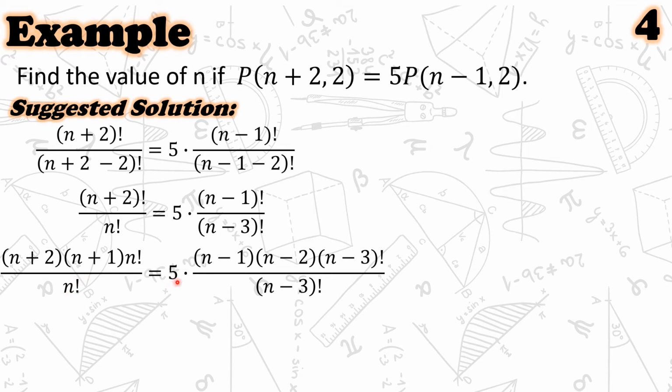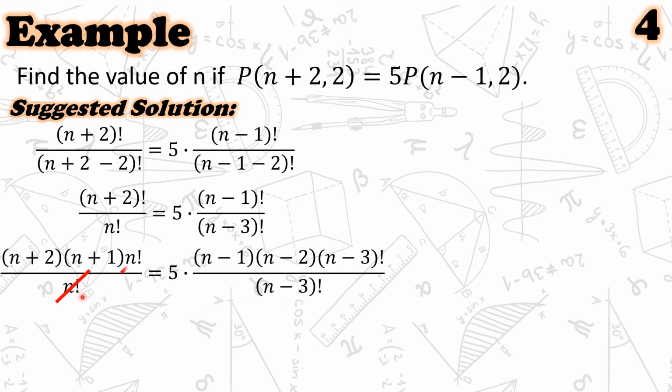On the right-hand side, we have n minus 1 times n minus 1 minus 1, and that is n minus 2, times n minus 2 minus 1, and that is n minus 3 factorial. Notice that in the denominator we have n minus 3 factorial, so we can cancel that out when we evaluate this further, as n minus 3 factorial over n minus 3 factorial is equal to 1.